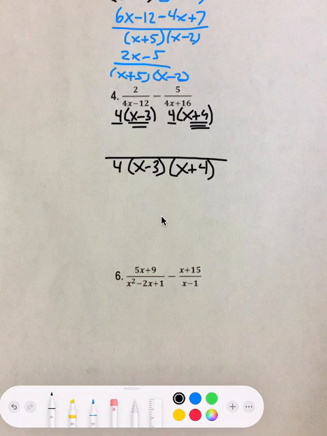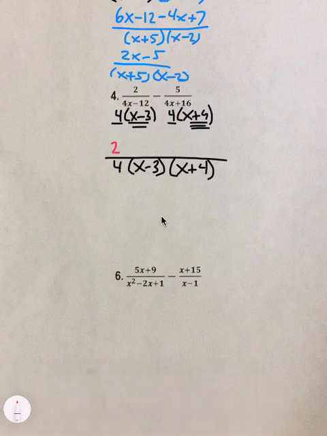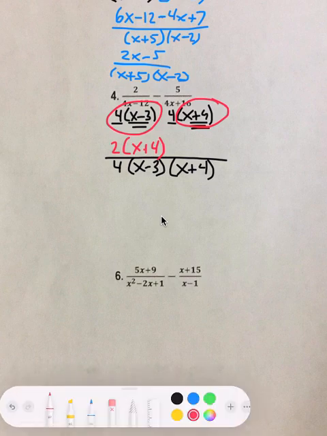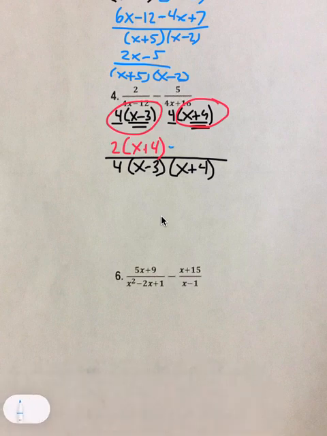And then the numerator, so this 2, you need to multiply it by what it's missing. What it's missing is x plus 4, because it's not over here. And then the minus 5, it's missing this x minus 3. That's what it needs to multiply by.